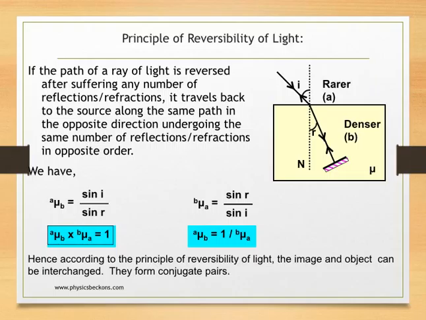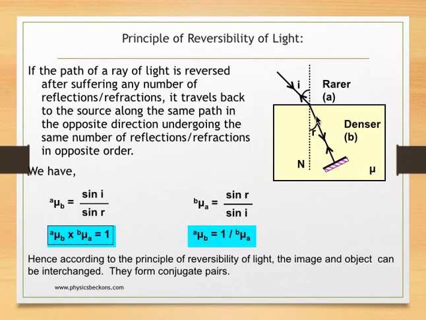Now another important principle is the principle of reversibility of light. Let's take this diagram to understand the principle. The light originates from this point and travels here through air, and you can see here we have an interface with glass, so the light bends towards the normal.